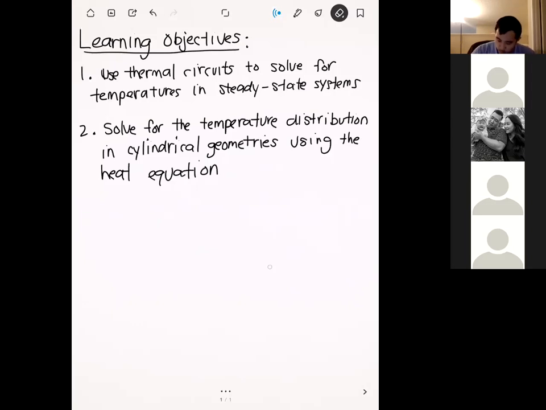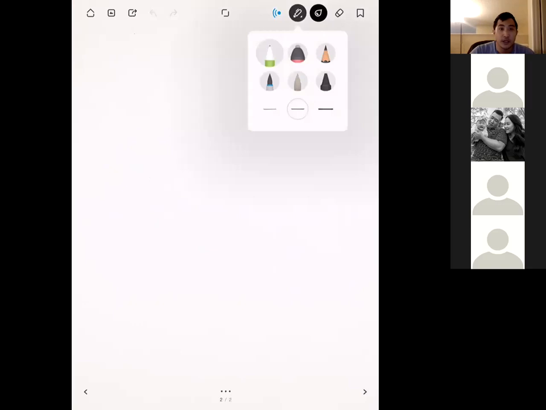Okay. And so when we left off on Monday, we were discussing how we can use thermal circuits, right? The idea of a thermal circuit is to simplify our heat transfer analysis, because so far what we've mostly been using is the full heat equation. That's a differential equation that we have to solve by integrating and applying boundary conditions. But a lot of times, we want to perform heat transfer analysis without having to dip into differential equations.